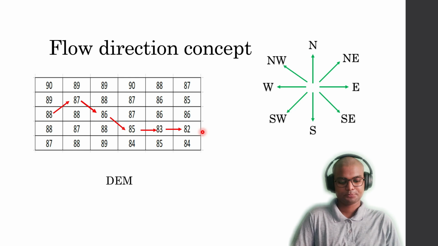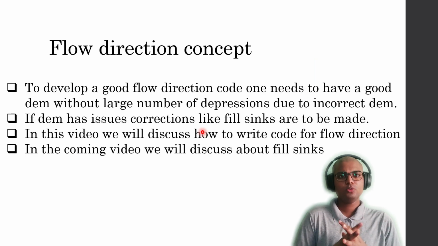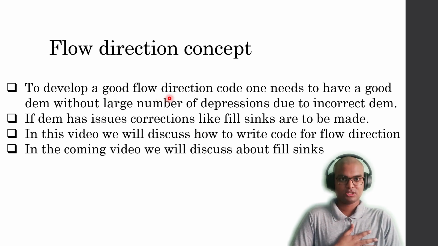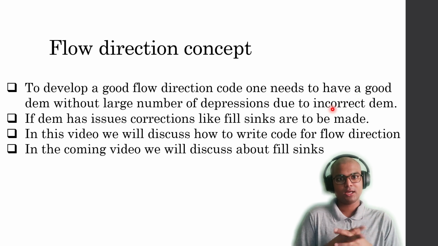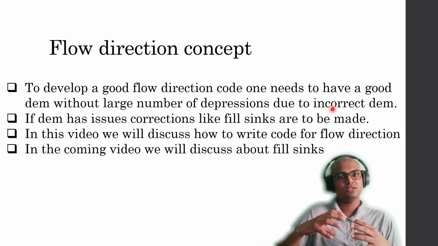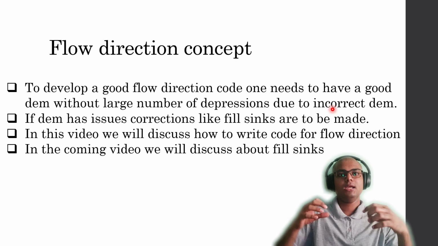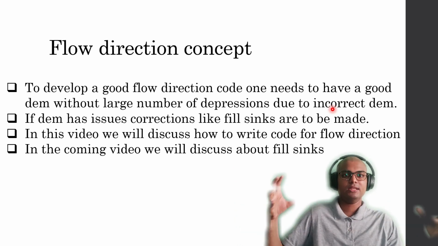To be able to do this, the one thing we need to keep in mind is that to get good flow direction datasets, we need to have the DEM without any incorrect values in it. Most of the time when DEMs are made, there are issues related to sinks and depressions which need to be filled so that we don't have issues in our flow directions, where water gets accumulated in one cell and doesn't go out to any other cell.